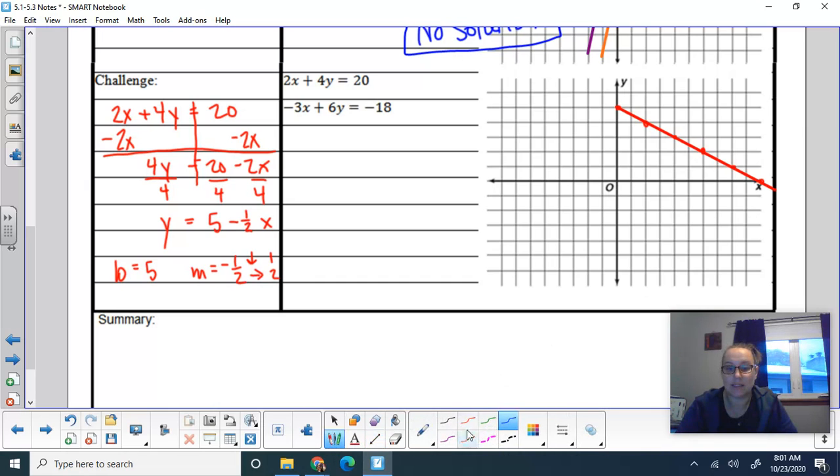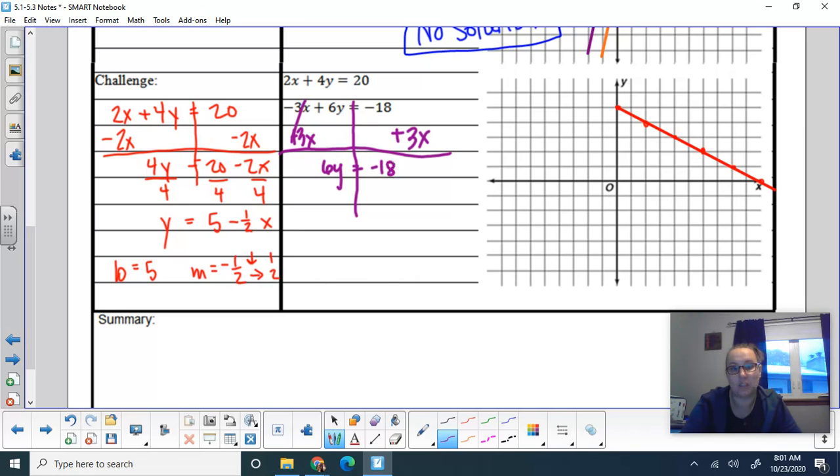All right, first line graphed. Now we're ready to take a look at the next equation. As I work my way through solving it, I'm going to do a similar process. I need to get the x to the other side so I can isolate the y. I'm going to do this by adding 3x to both sides because it undoes.